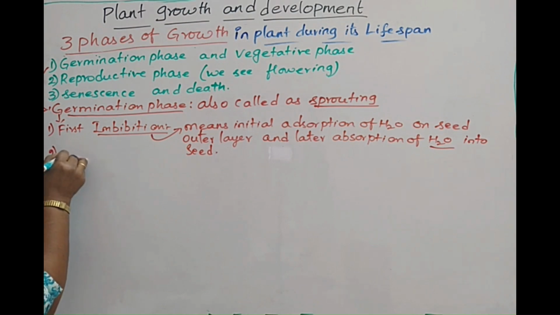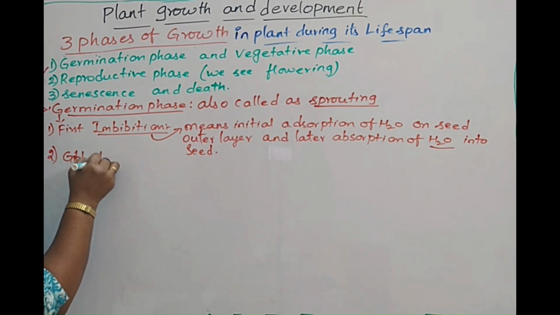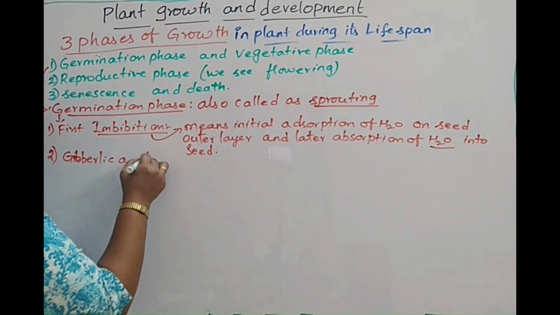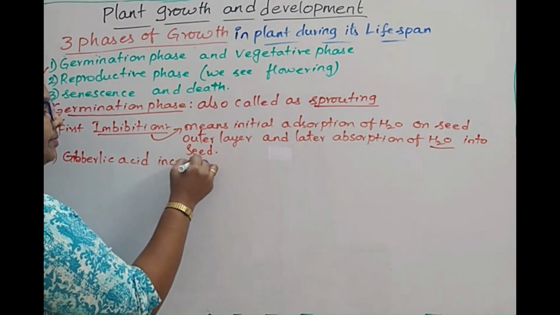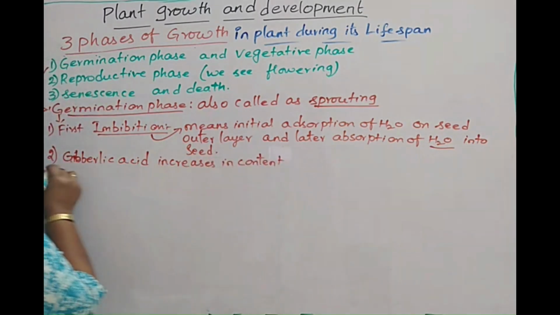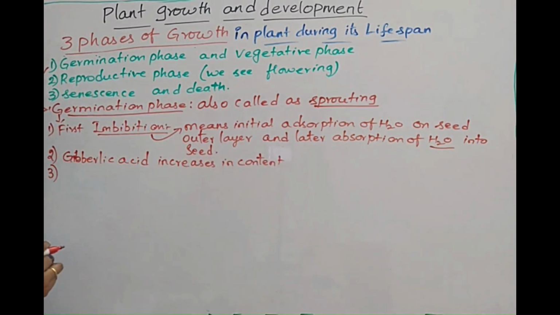So secondly, gibberellic acid or gibberellin, the phytohormone gibberellin, increases in content. Later, gibberellic acid translocates to the aleurone layer.